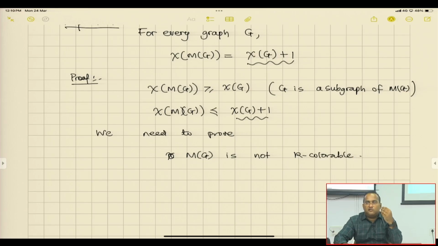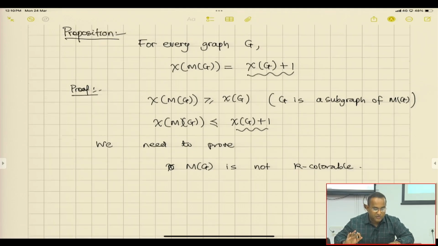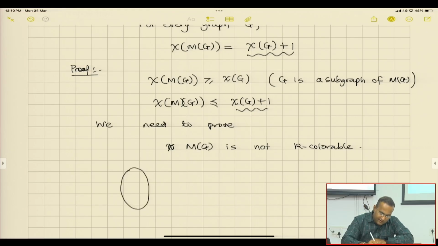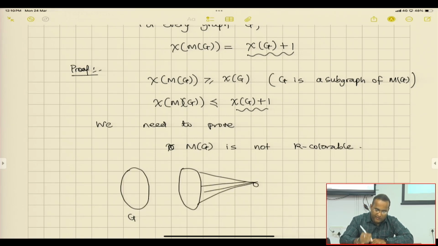Using k colors, we may not be able to color M of G. So can you use contradiction to prove M of G is not k colorable? This is our G. This is the copy of G. This is Z. How to do that?